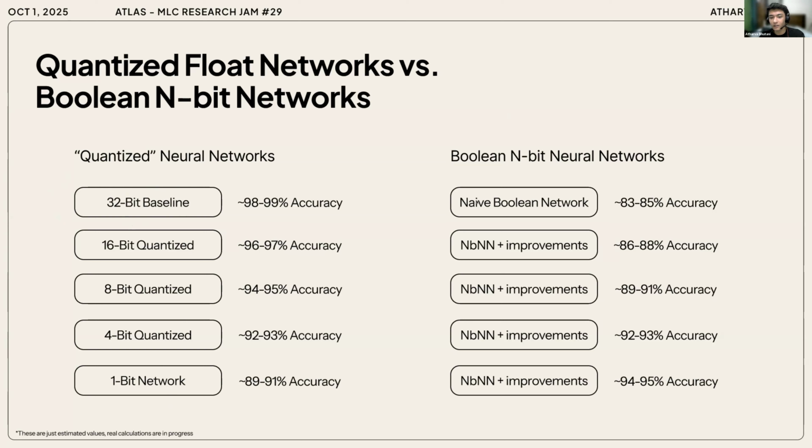Our naive network, first of all, is trained on an exponentially smaller amount of energy and compute as compared to the 32-bit baseline. Also, it uses the same amount of data as our old network, but it uses a lesser amount of energy. So a good comparison, I believe, would be to give both a quantized network and a Boolean network the same amount of energy to train on. Let's say this is just an estimate.